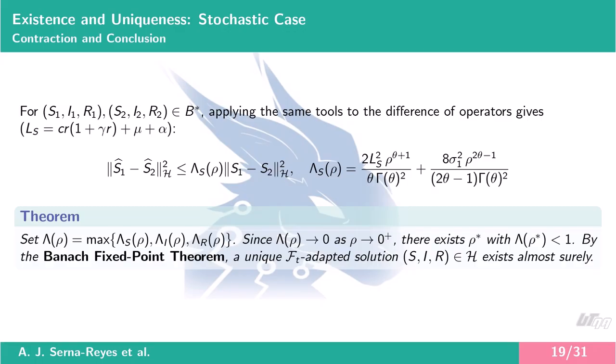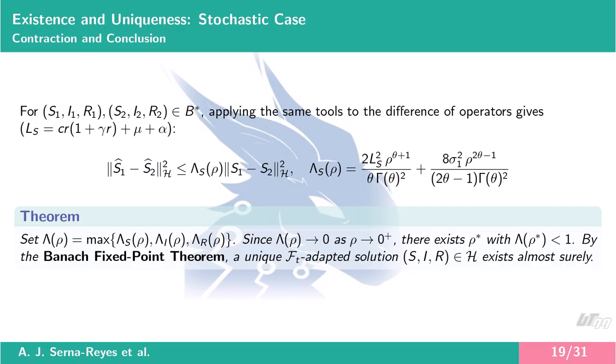Finally, we verified that the operator is a contraction. Applying the same tools to the difference of two solutions, we obtain a contraction constant lambda that goes to zero as rho approaches zero from the right. This means we can always find a time horizon for which the contraction condition is satisfied.